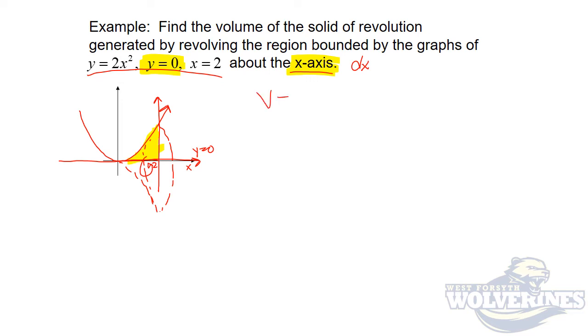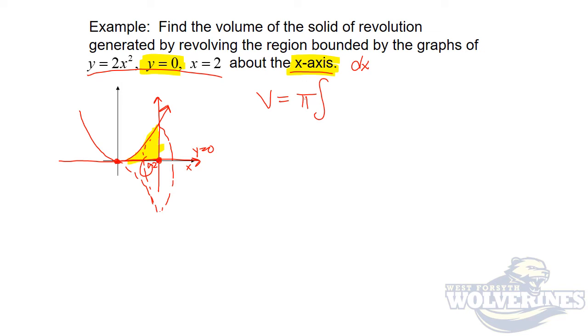We know that our volume is going to be pi times a definite integral. Okay. So if we're doing dx, that means my limits are also x values. So I need to figure out my left to right, just like when I was doing area.